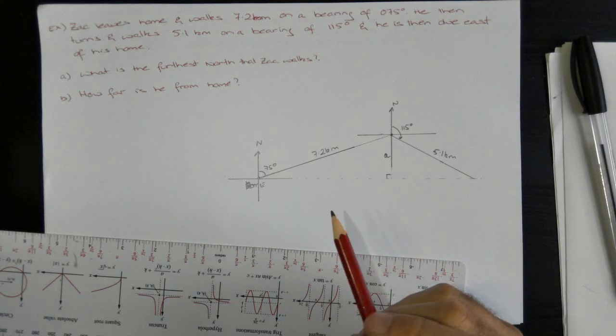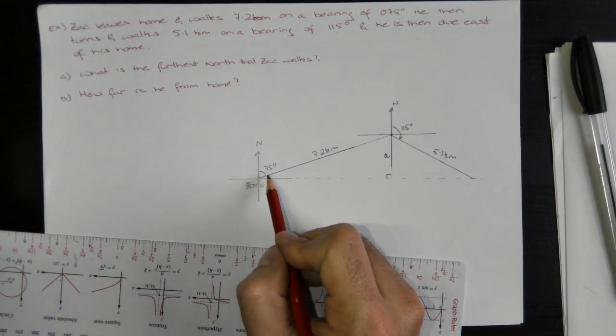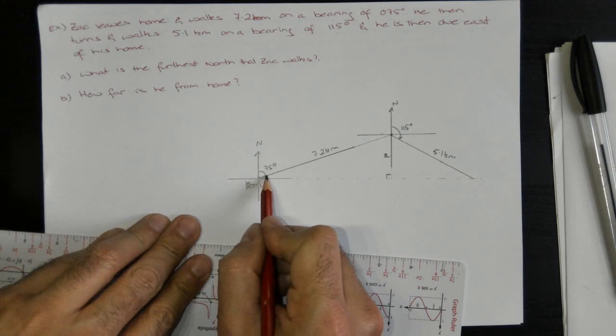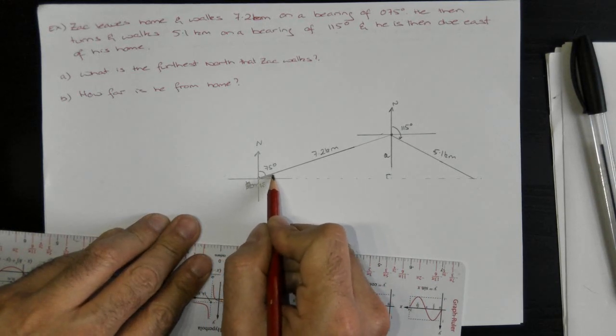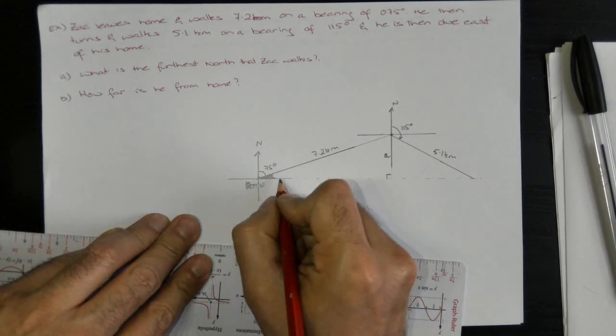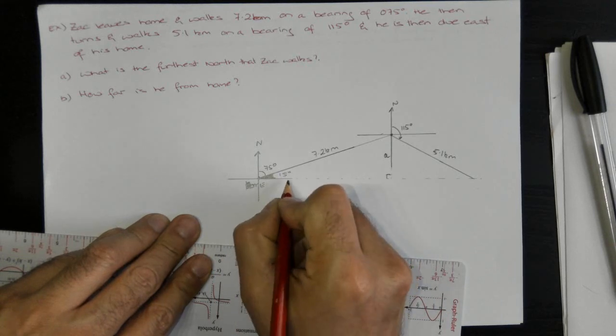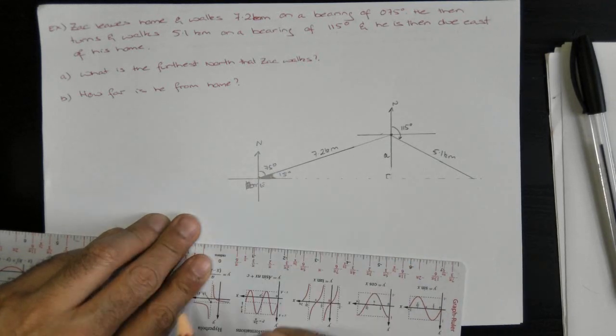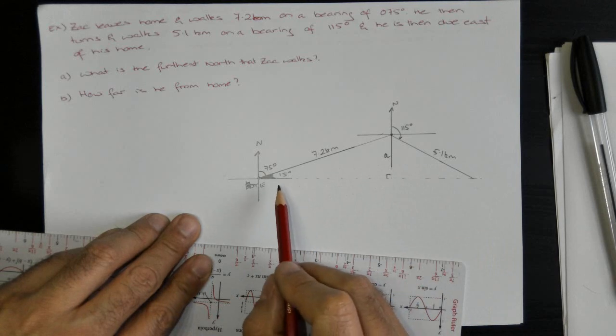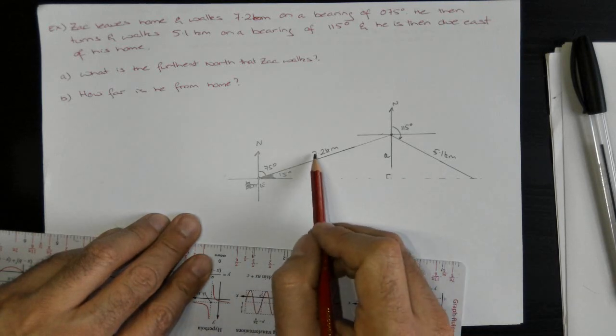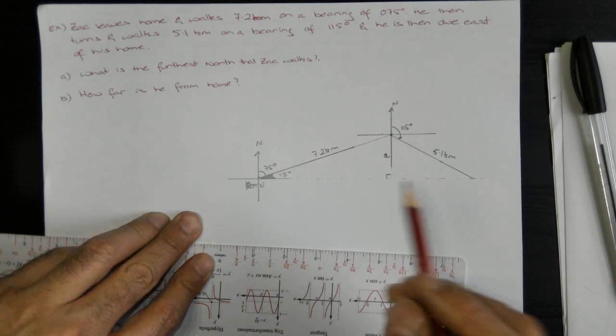So if that's 75, then this angle in here has to be 15 degrees as well, because that makes a 90-degree angle.